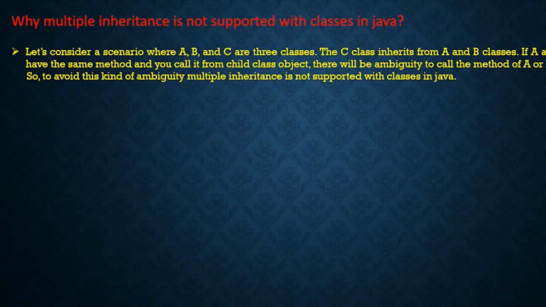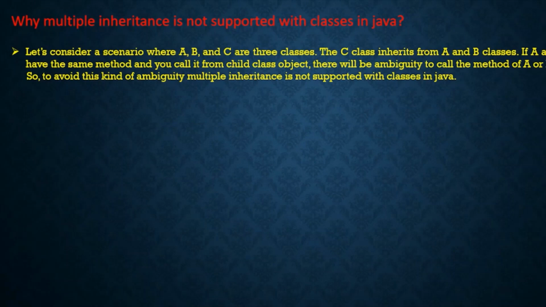Whenever we create the object of child class C and call that method, which class's method is it going to call, A class or B class? In that case, we will get the ambiguity problem because the same method exists in class A as well as class B. So to avoid that situation, multiple inheritance through classes is not supported by Java.